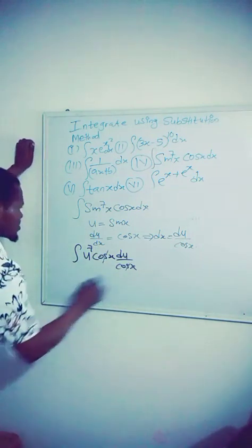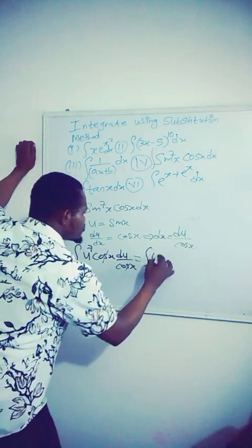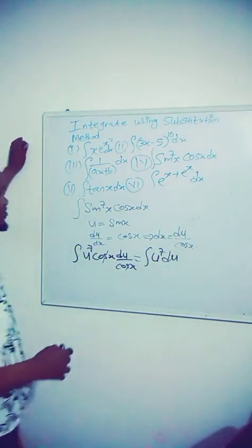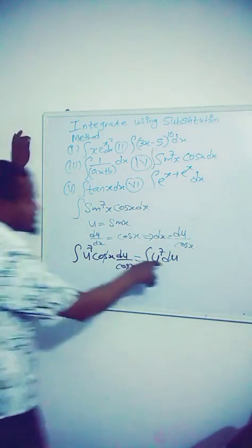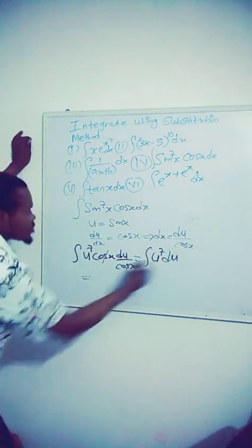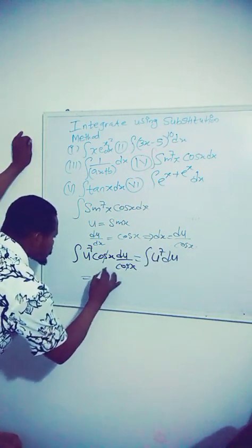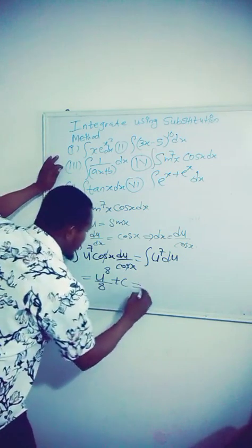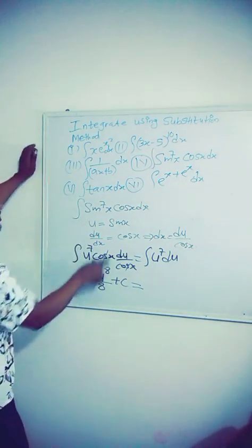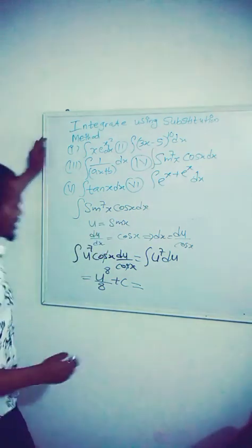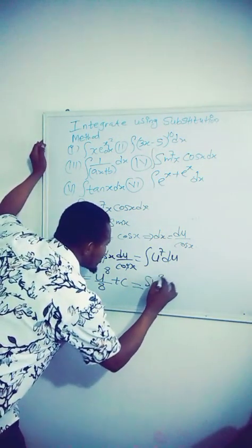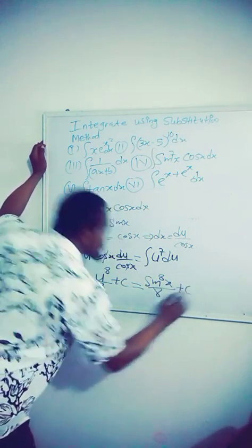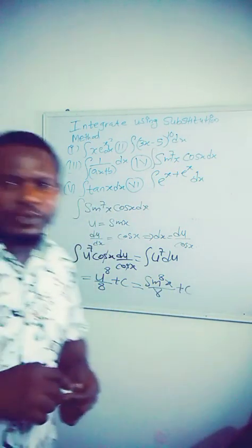So we are left with the integral of u^7 du. We can now integrate this: you add 1 to the power, that is u^8 divided by 8 plus c. And don't forget that our u is sine x. So that will give us sine^8 x over 8 plus c. That is our answer.